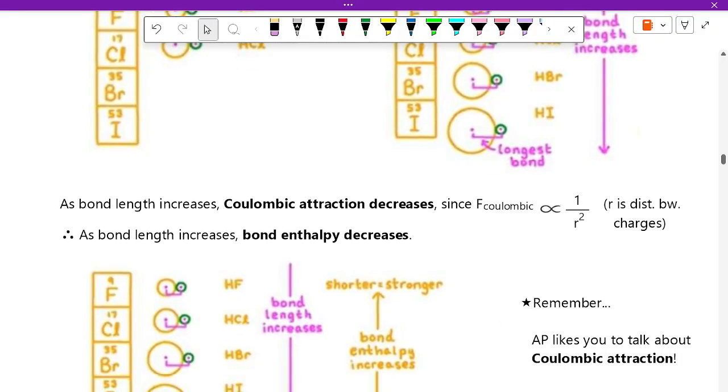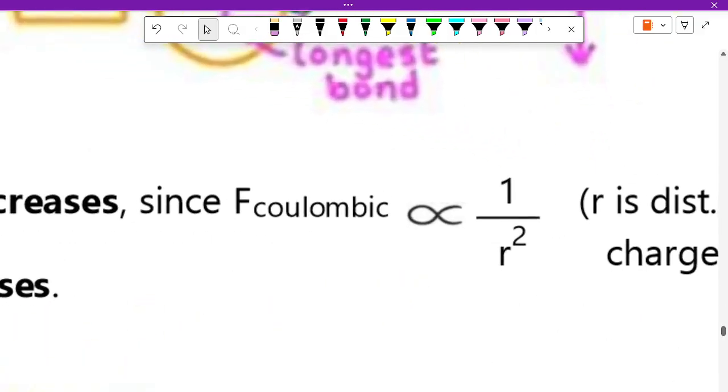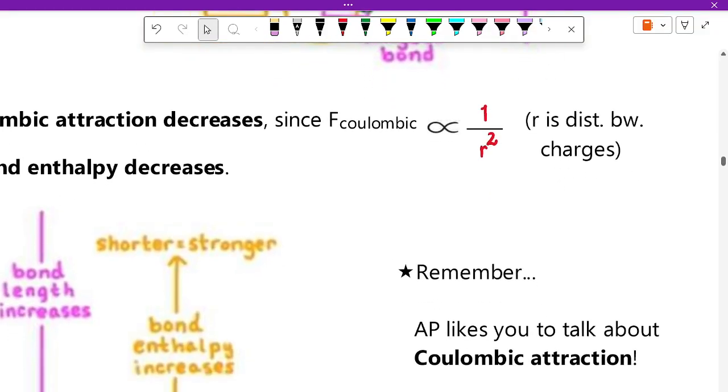And as bond length increases, Coulombic attraction decreases because Coulombic force is proportional to 1 over r squared, where r is the distance between the charges.